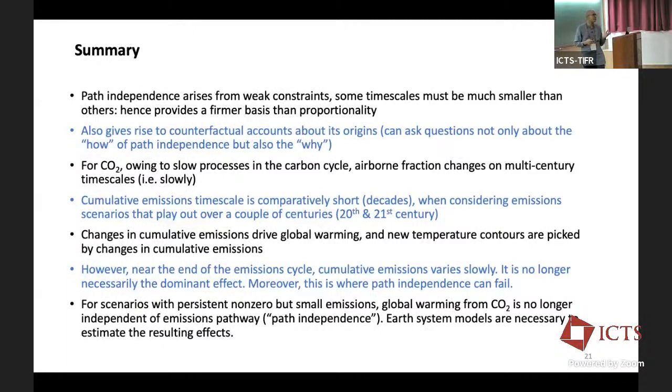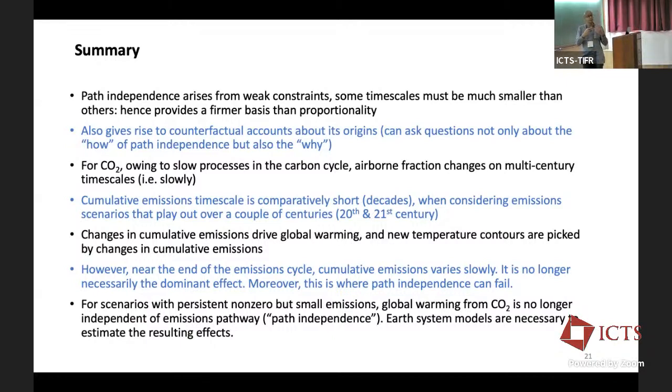The cumulative timescale is a few decades long because we're largely considering emission cycles that are playing out over a couple of centuries. Even though we date the Industrial Revolution to the 1700s in various phases, if you look at the emissions curve, it really began to rise in earnest in the early 1900s. So we're thinking about emissions curves that largely play out between the 1900s and this century.